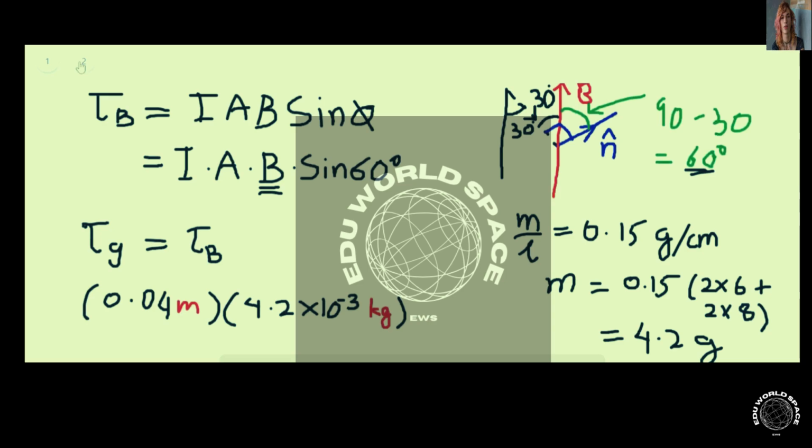And g is just the usual 9.8 meters per second squared.